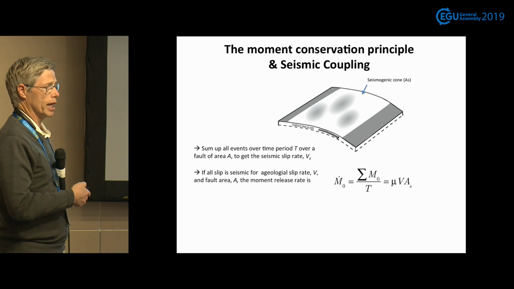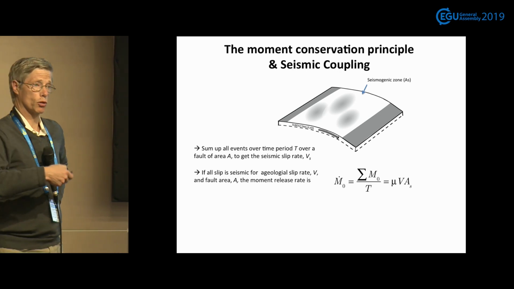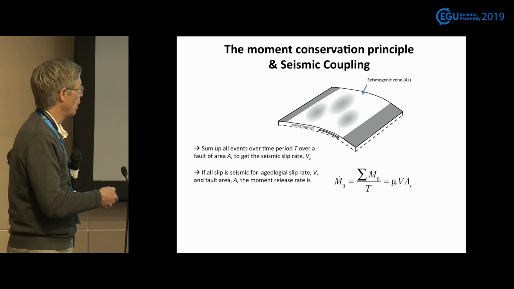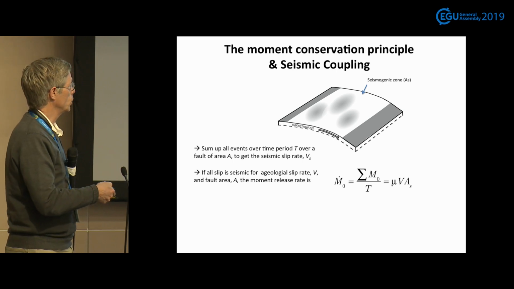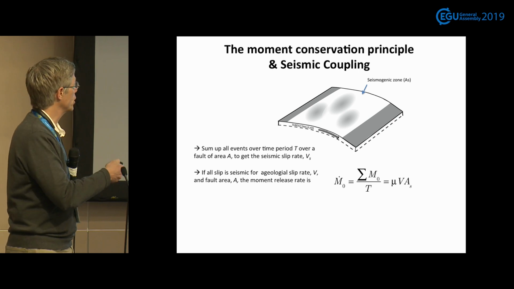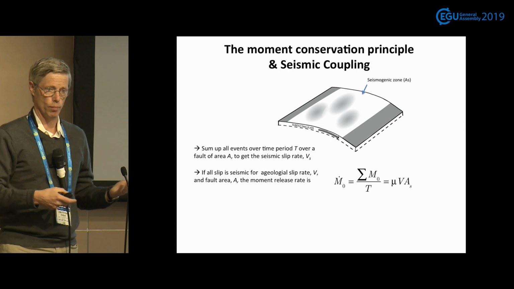So M dot here is the rate of moment released by earthquakes, the sum of the moments of all the earthquakes divided by time. And this would be the shear modulus multiplied by the velocity of the plate multiplied by the area of the seismogenic zone.